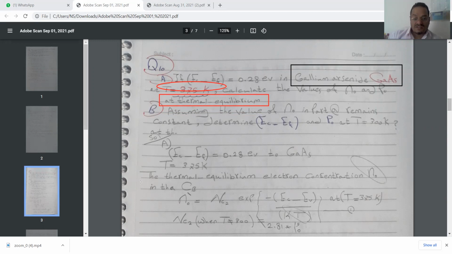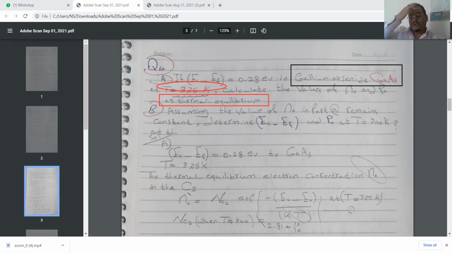At room temperature, like I said before, at thermal equilibrium, the electron concentration in the conduction band is not equal. Let me see this equation, the original main equation.